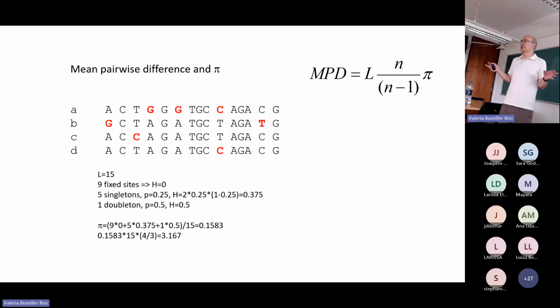There's a mathematical demonstration for that, but believe me, we will be spending our time better if we move along. So if you ever compute mean pairwise difference and pi, don't discuss them separately, as I see sometimes in papers, because they are the same thing.